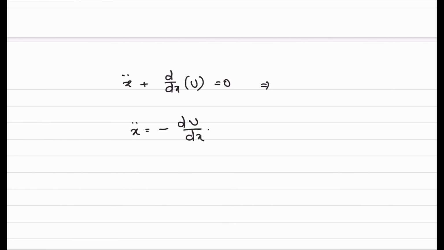When mass is introduced on both sides, this is the potential energy, dU by dx.